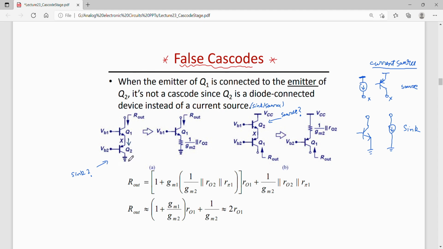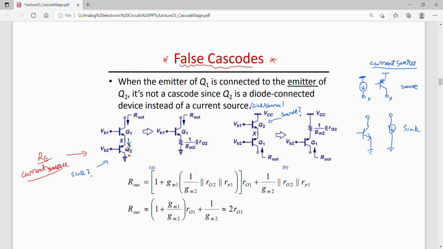This transistor Q2 is supposed to be acting as an emitter degeneration or current source, which is not true. I have a common emitter NPN to which, at the emitter, this PNP is connected, supposedly working as emitter degeneration or as a current source, which is not true. Why is this not true?